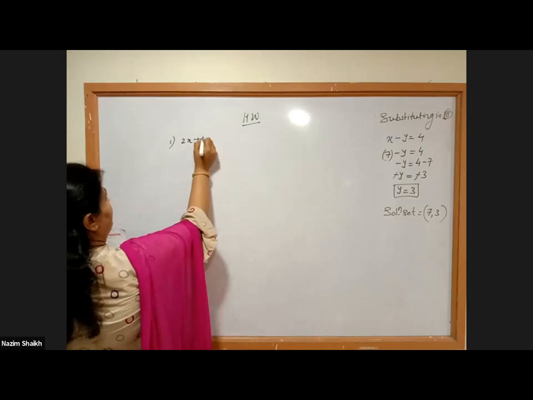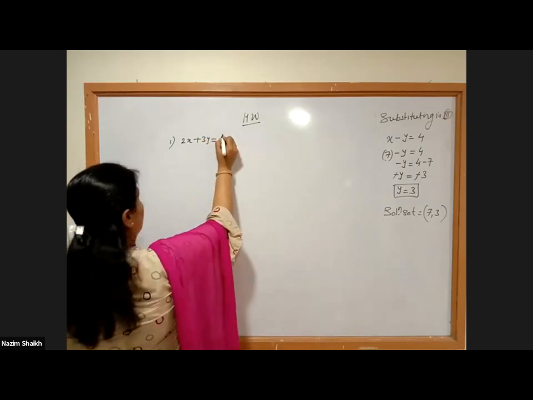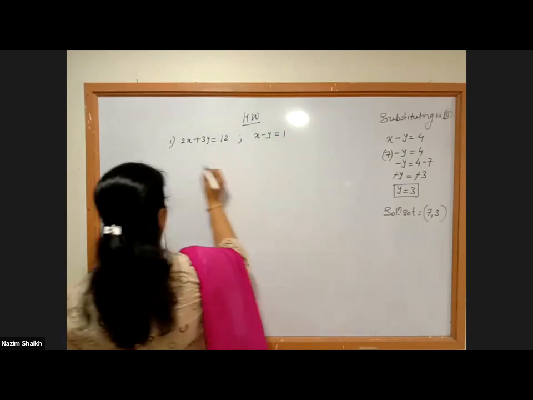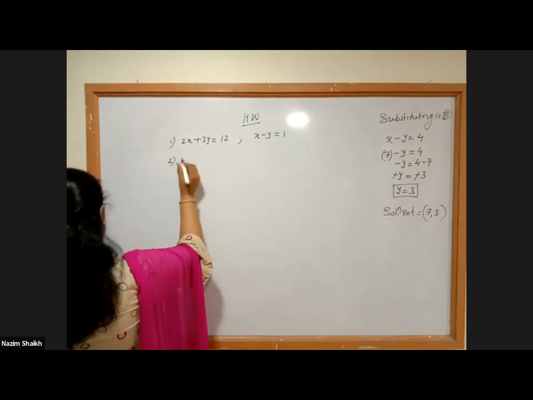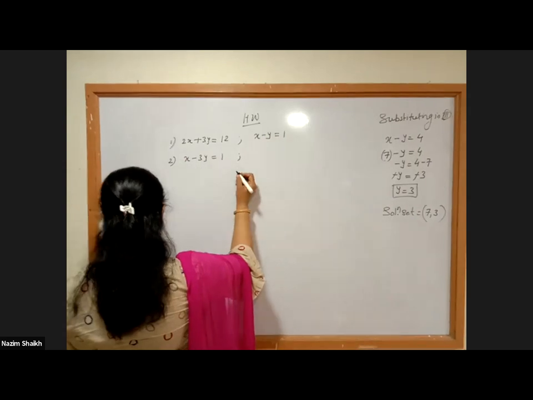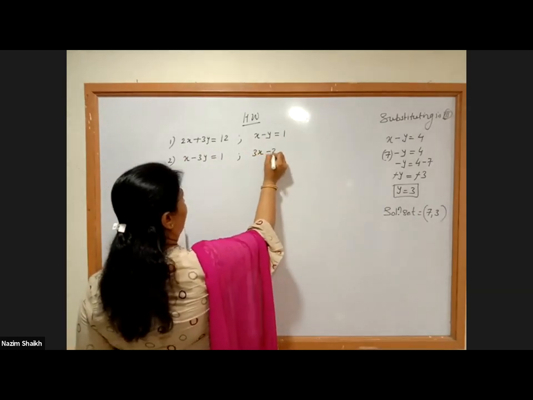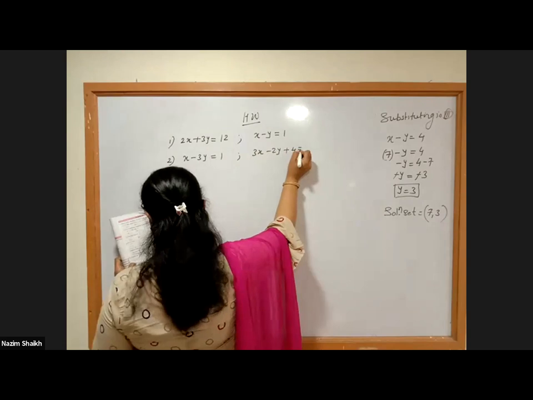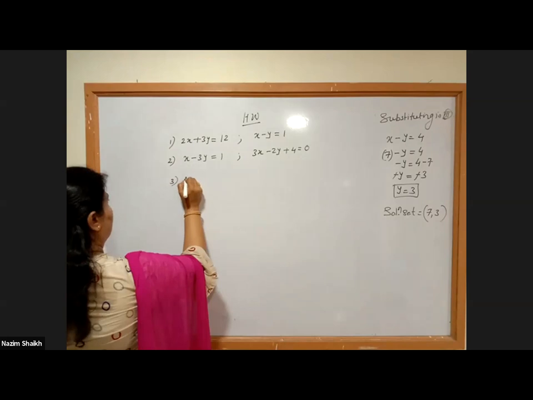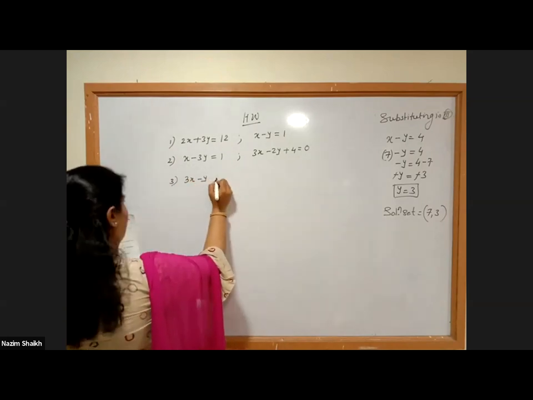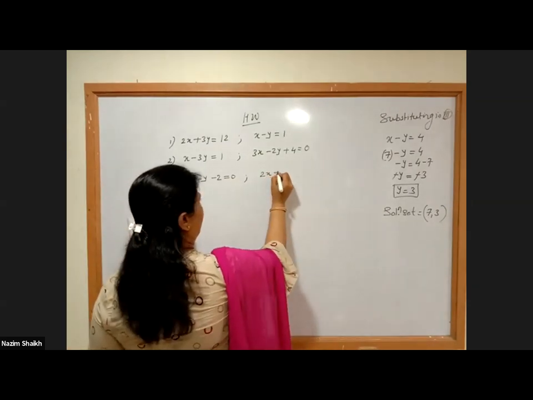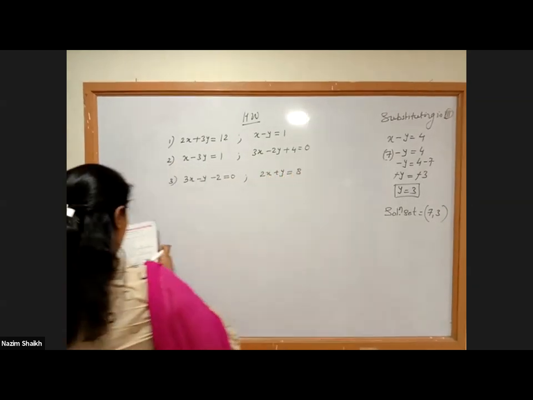Two x plus 3y is equal to 12 and x minus y is equal to 1. The next, x minus 3y is equal to 1. 3x minus 2y plus 4 is equal to 0. 3x minus y minus 2 is equal to 0. 2x plus y is equal to 8.